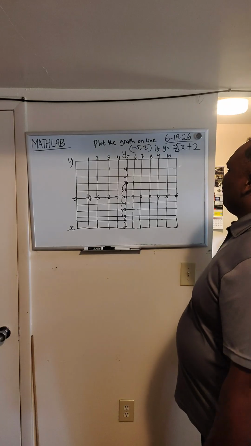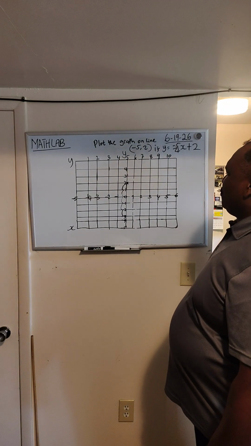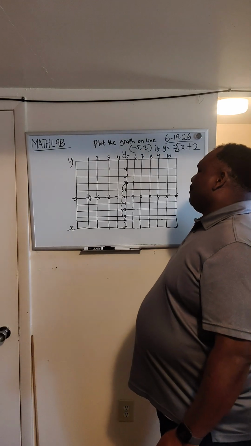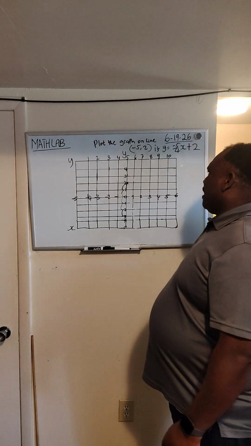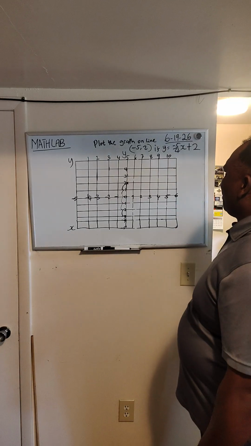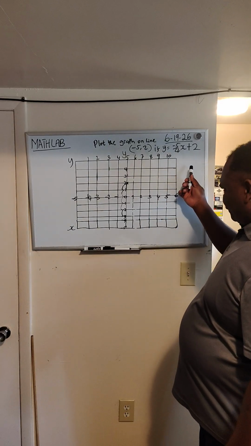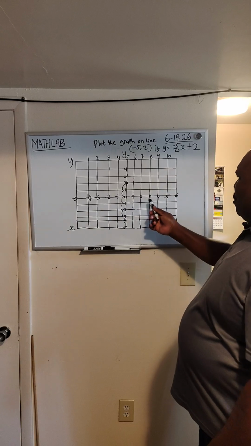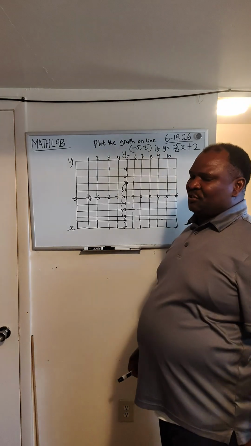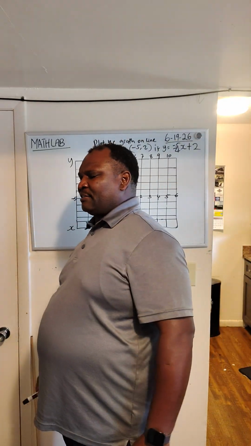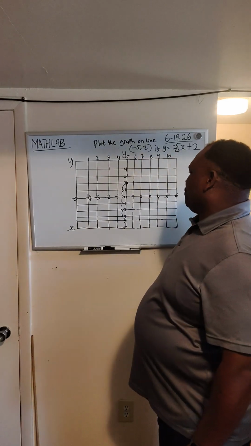It's going down 5 steps on the x-axis, but it's also passing through point 2. It's passing point 2 on the x-axis, because now you see the point 2 right here is positive.